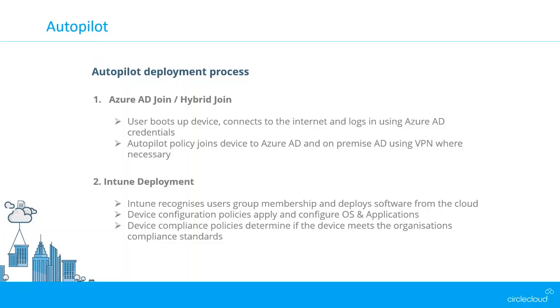And then obviously we could also check the device compliance as well. So the device compliance policy would immediately kick in and make sure that the device is meeting the standards. And if you had as part of your configuration policy things like BitLocker, all of those things would be done automatically as part of the deployment for the user.